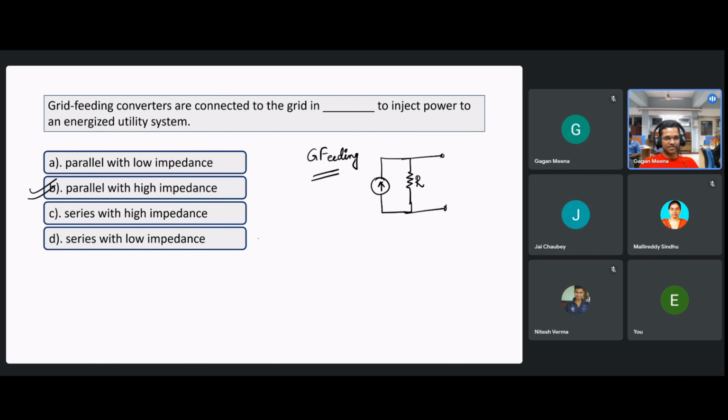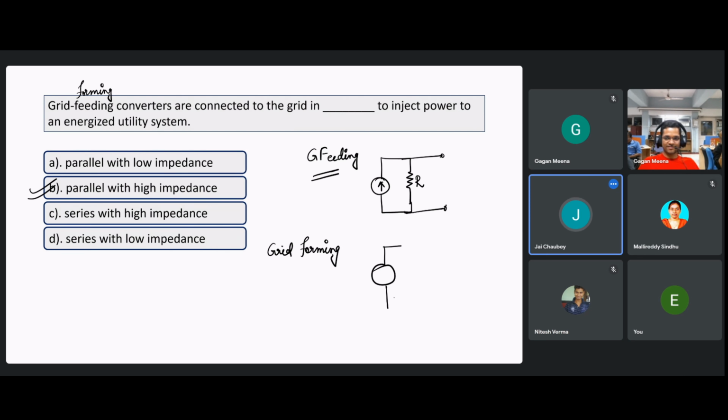So if this question was for grid forming, what should we have here?